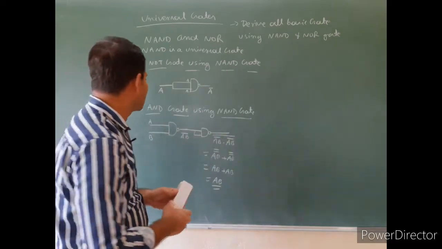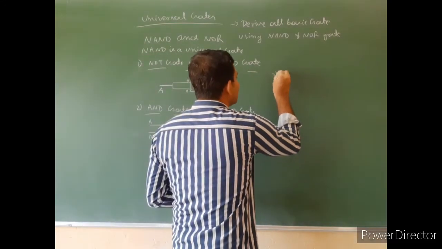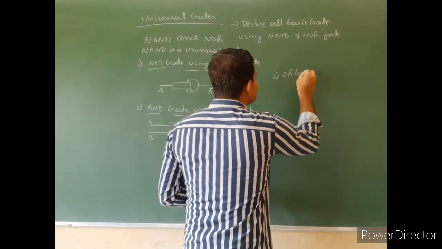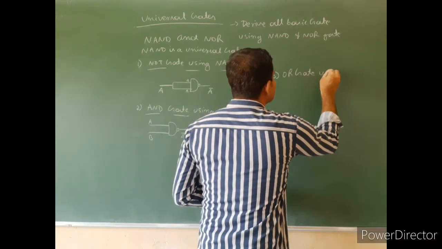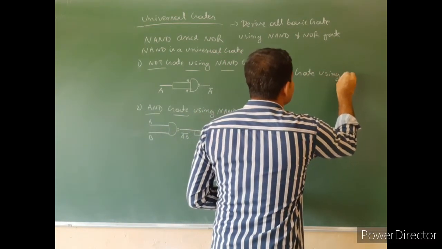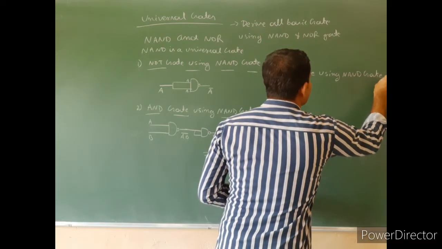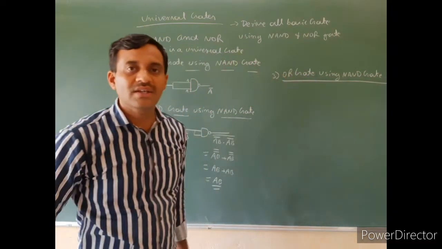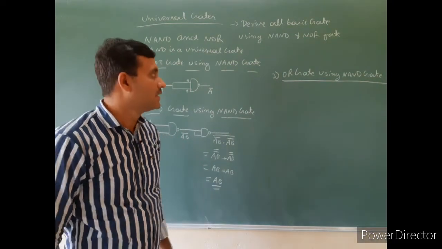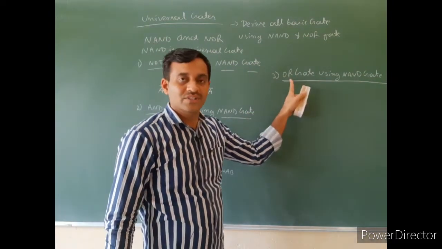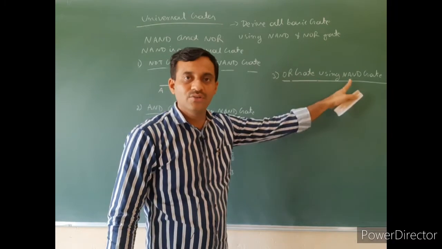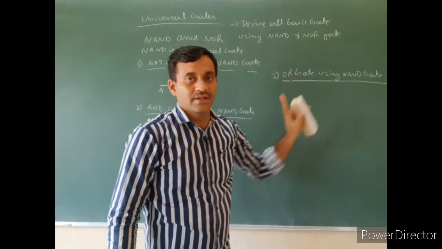Then the last one, the third case, is OR gate using NAND gate. How to prove the output of the OR gate? We have to prove the output of the OR gate using the NAND gate.